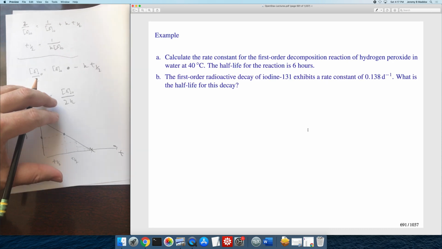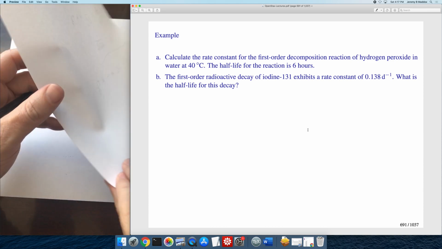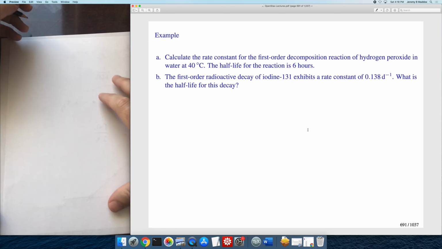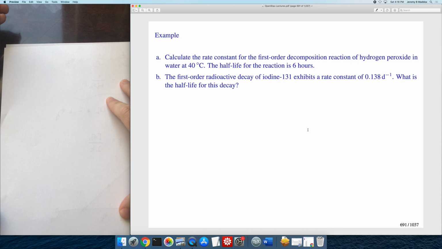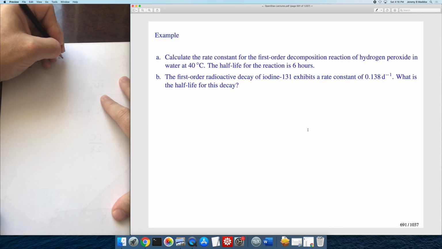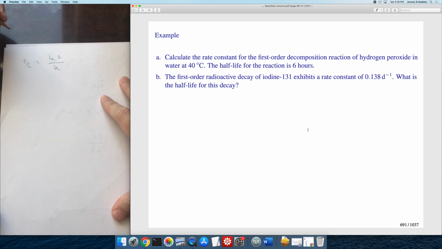Some problems involving half-life. Calculate the rate constant for the first order decomposition of hydrogen peroxide in water. The half-life for the reaction is 6 hours. So you can either memorize or learn how to derive the half-life formula. For first order kinetics, the half-life is the natural log of 2 over the rate constant.